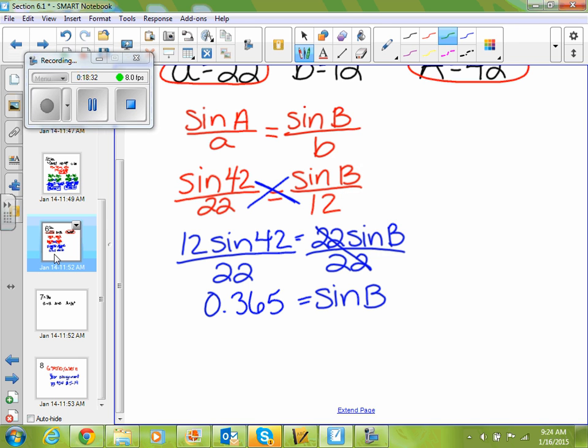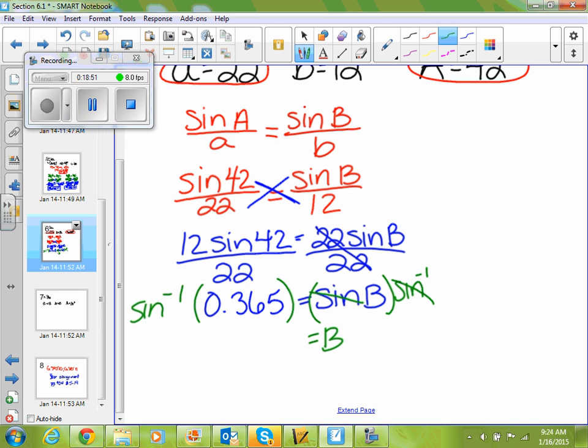But that's what our sine of B equals. We need to know what actually B equals. So we're going to use our inverse sine to find that. An inverse sine and a sine will cancel, and I get B by itself.